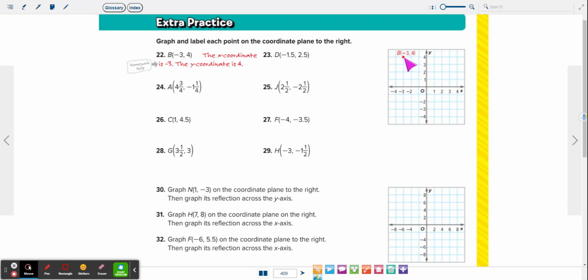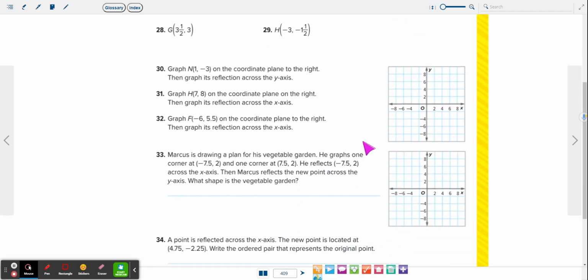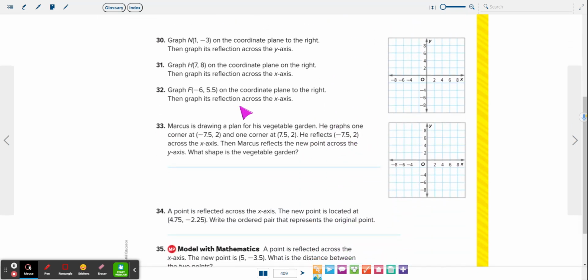They graphed it, put the dot there, they labeled it. That's what you're going to do on 22 through 29. For 30 through 32, you graph the point in, label it, and then graph its reflection across the y-axis. And same thing with 31 and 32.